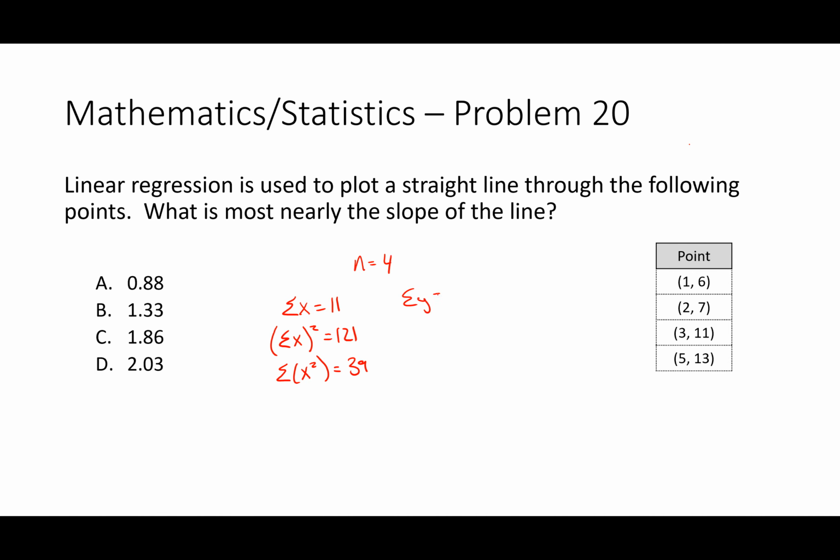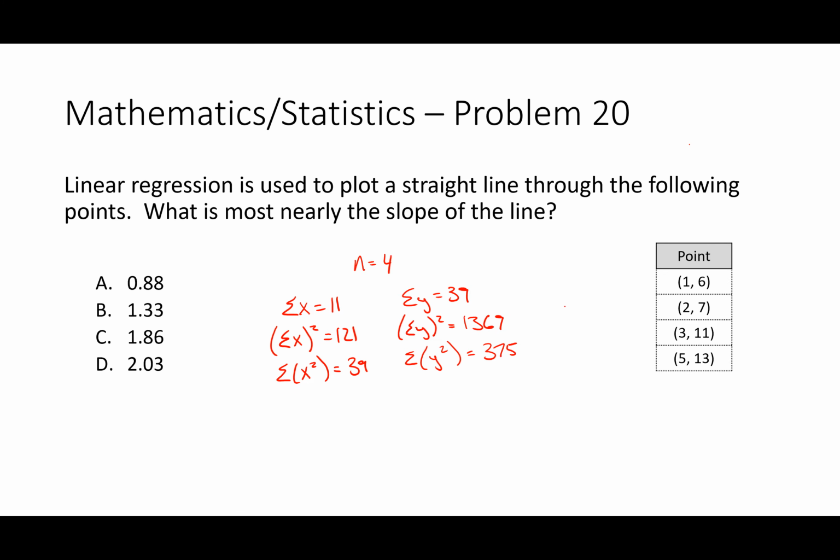So the sum of the y terms, 6 plus 7 plus 11 plus 13, is 37. We're going to need the sum squared, which is 1369. And then we're going to need the sum of the y squared, which is 375.